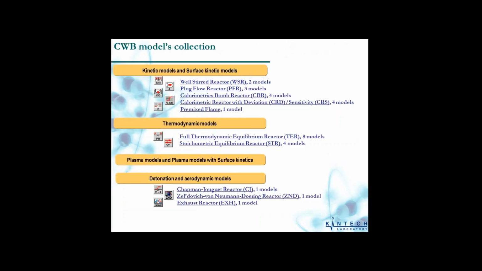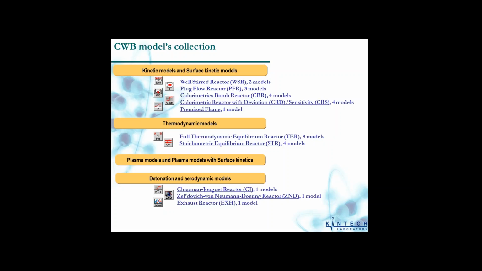On this slide you see the set of models inside of the Chemical Workbench. In terms of hydrodynamics, these are very simple models, like the well-stirred reactor, plug flow, calorimetric bomb reactor, models which permit sensitivity analysis, and the premixed flame model. Of course, we have a set of thermodynamic models.